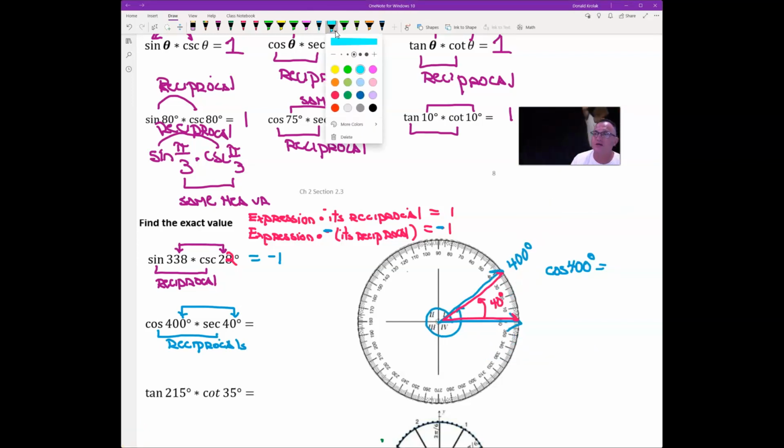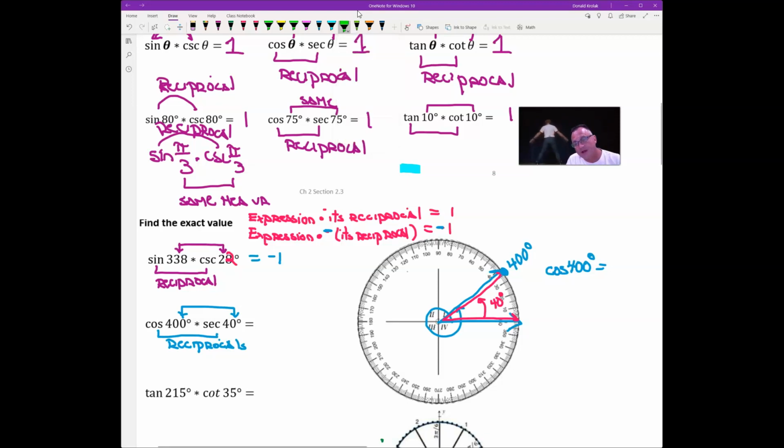Okay, so the cosine of 400 is going to be the x-coordinate of this point here. Now that x-coordinate is whatever this length is until I'm right under that point, because that would be that point's x-coordinate right here.